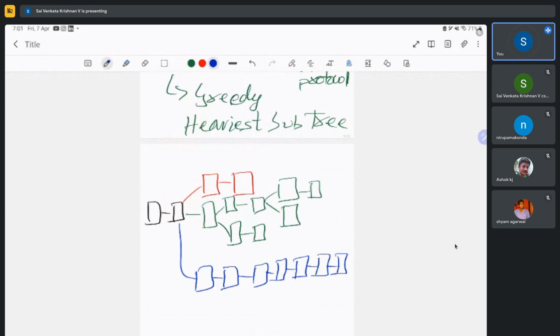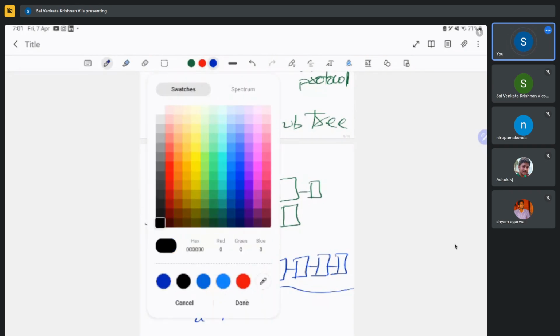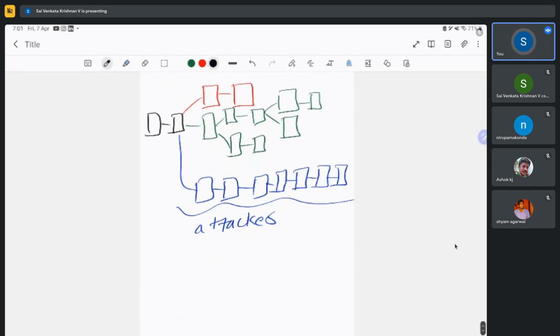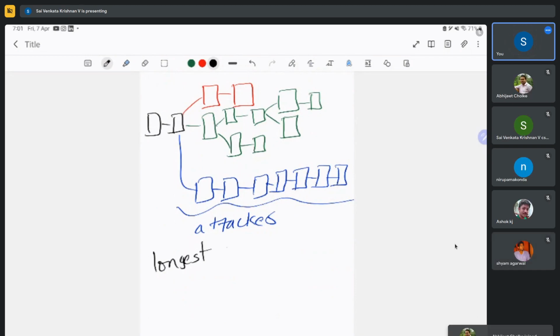Okay, so this is your blockchain, and this one is provided by the attacker following the selfish mining strategy, whereas the red and the green blocks are the ones mined in an honest way. Now, just following the longest chain policy of Bitcoin, the blue chain is the longest chain, and this will be considered valid.